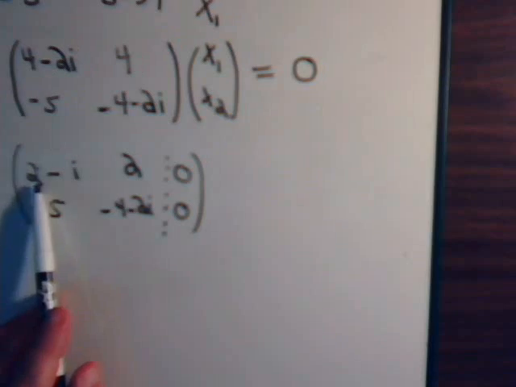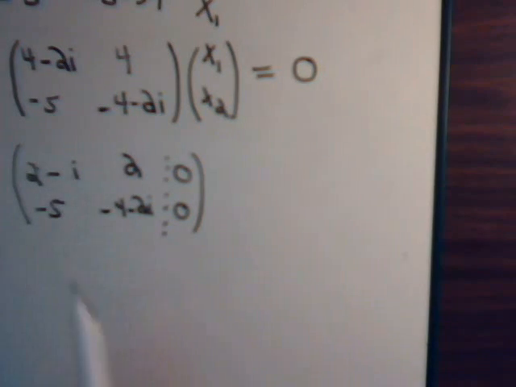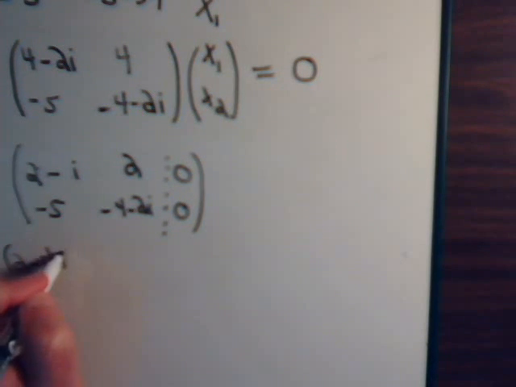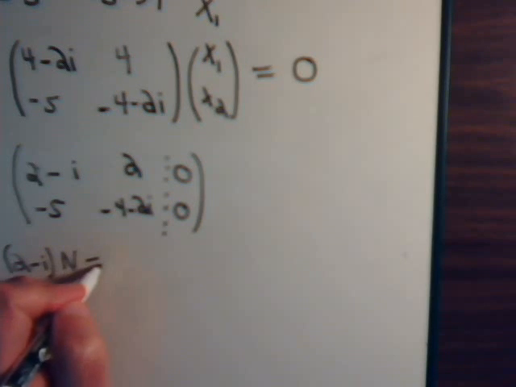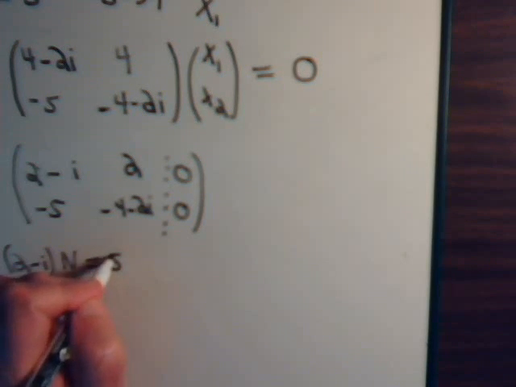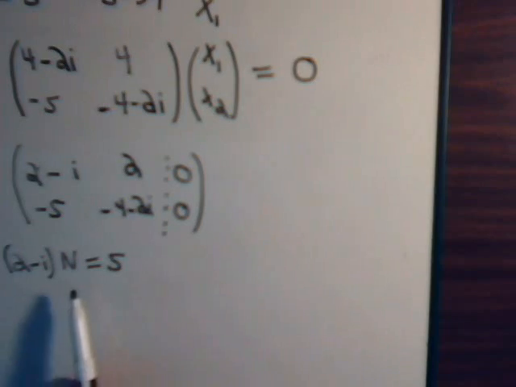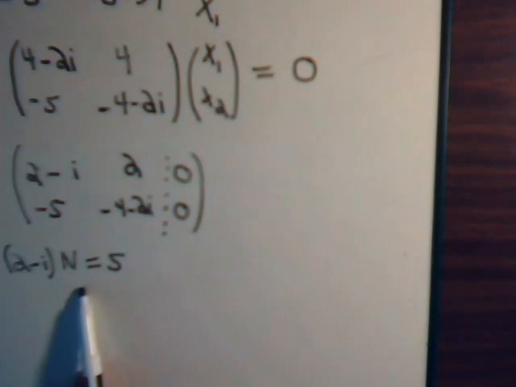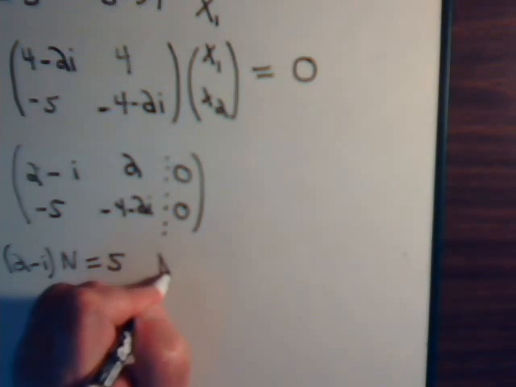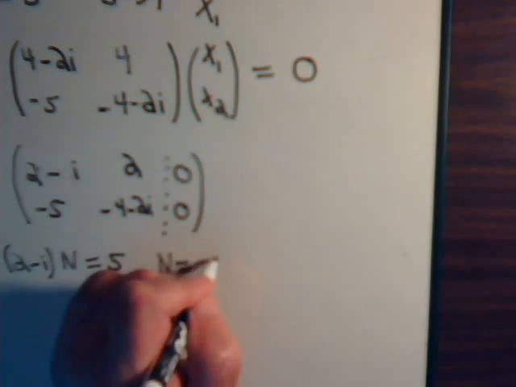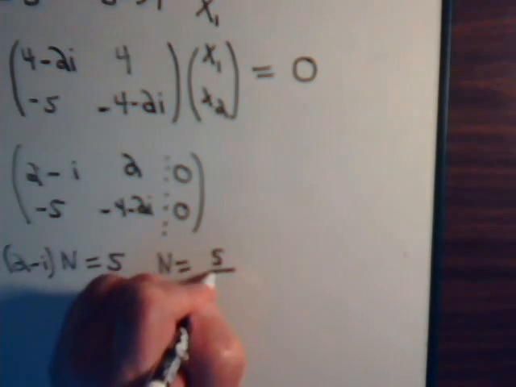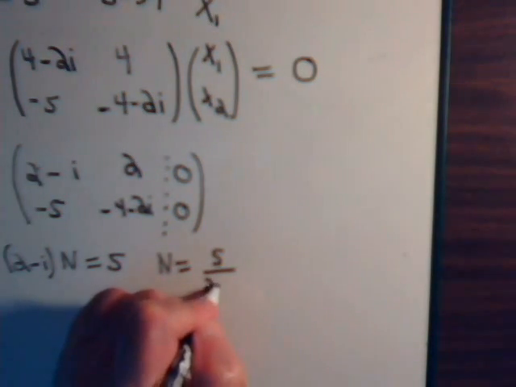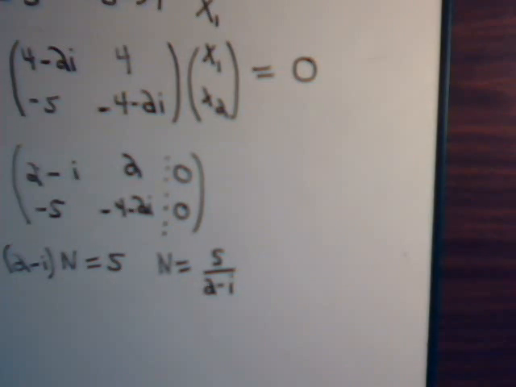So what number do we have to multiply this thing by to get a plus 5? So let's see, we have 2 minus i times some number we want to equal plus 5. So the number that we're seeking here, n, equals 5 divided by 2 minus i.